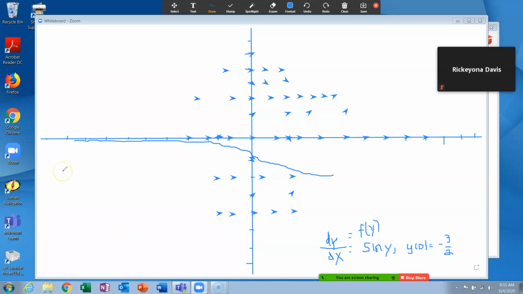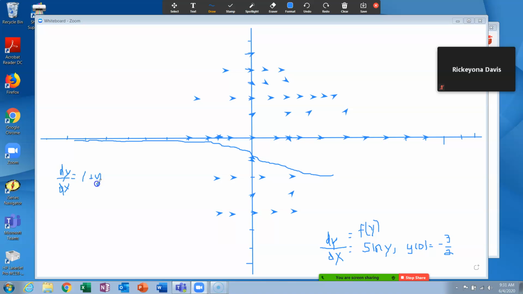And this has nothing to do with the graph. dy dx is equal to 1 plus y squared. Depends on y alone, not on x.